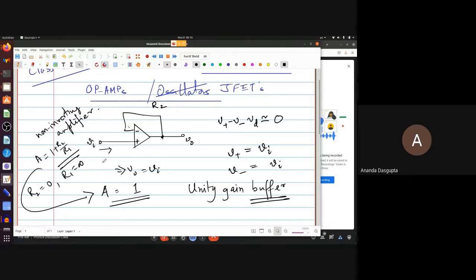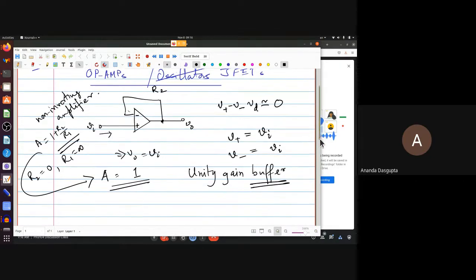If you had a floating VI, that would of course not amplify anything because you're not giving an input. But if you gave an input, you would have to connect something for that. And how much current would your circuit draw from that source? Negligible, right? Because for the same reason, the plus end almost draws no current.